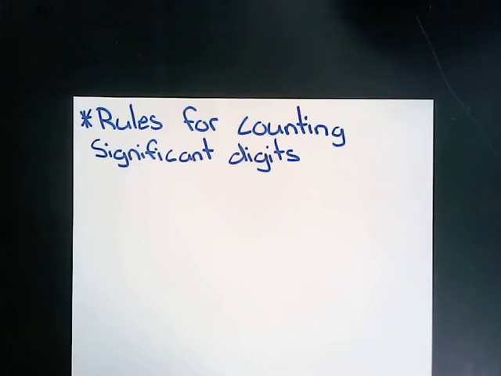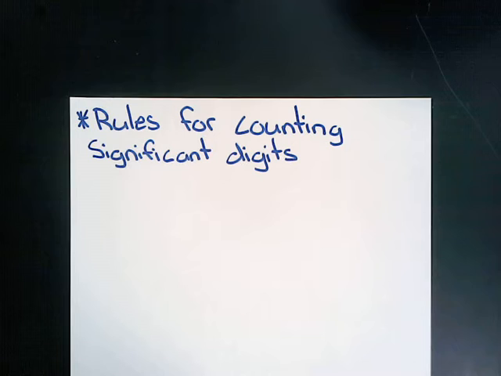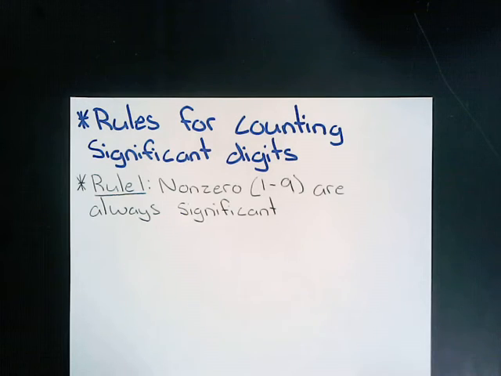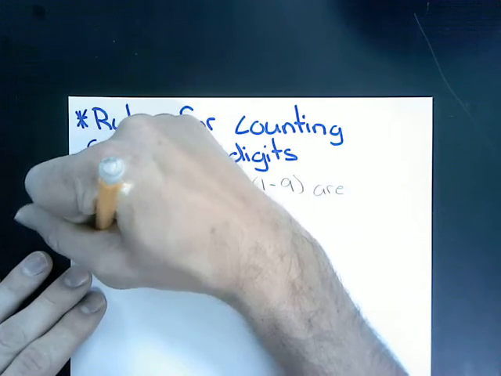Okay, so for counting our significant digits, we have 5 rules that we need to follow. Rule number 1 is that non-zero numbers are always significant. An example here is this.